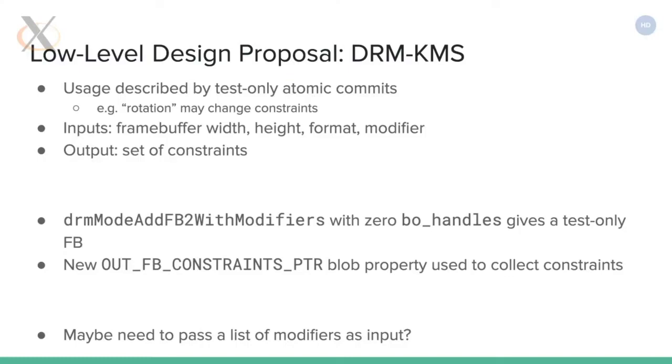So if you're sitting in a multi-GPU setup, there may need to be some sort of mechanism for saying, if you use this particular modifier, then you have to be on dev DRI card 1, and it has to be local memory there.